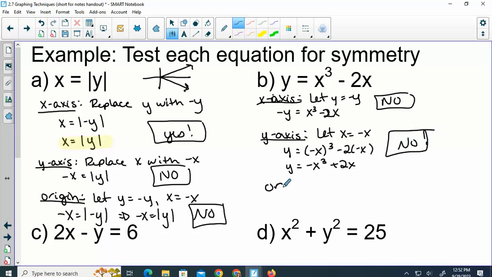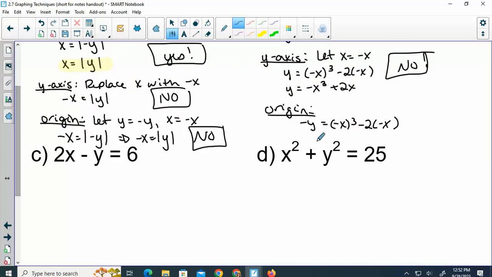To check origin, we do both. So if I make my y negative and make my x negative, is there anything I can do to turn this into the original? Yes.